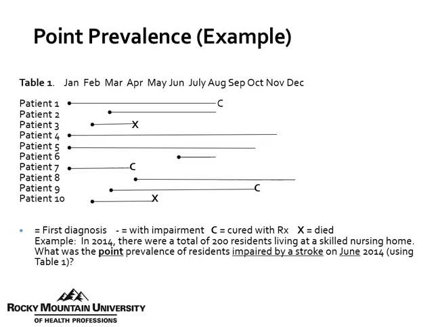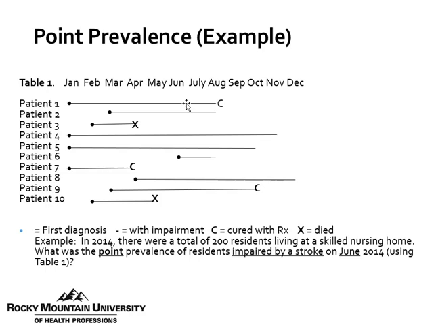In this group here, you're trying to figure out the point prevalence of people that are impaired by a stroke in June of 2014. So what we would want to do is go through the list here and look and see wherever there was a dot and a line continuing on, that is first diagnosis followed by impairment.